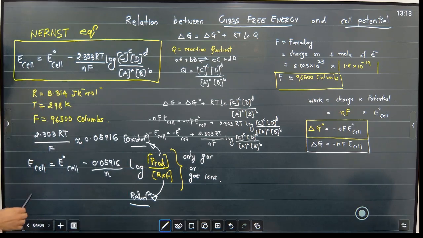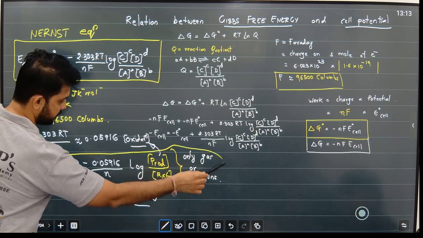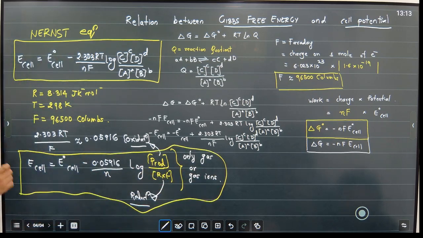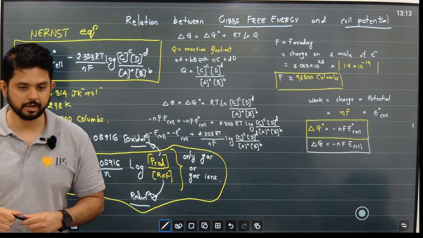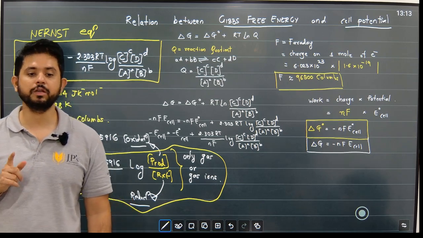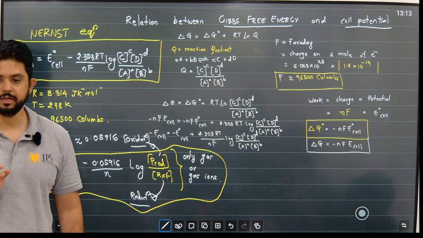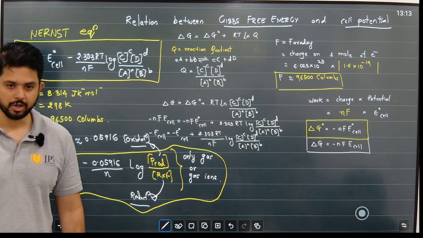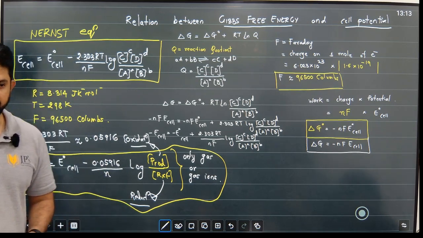So these are the different variations of writing the Nernst equation. Next class, we will start first by doing numericals on Nernst, on delta G and on E naught cell and E cell. Okay? Copy this and we continue next class.